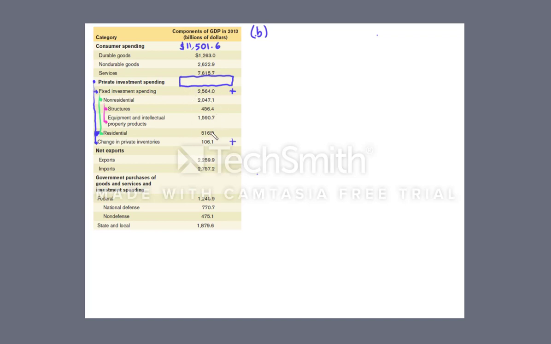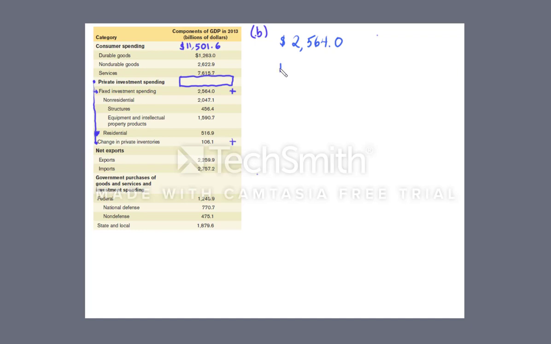So let's go back and consider the original question. I think the easiest way to do this problem is simply to add fixed investment spending and change in private inventories. So if we come over to the right here, what we're going to do is add $2,564.0 billion to $106.1 billion.